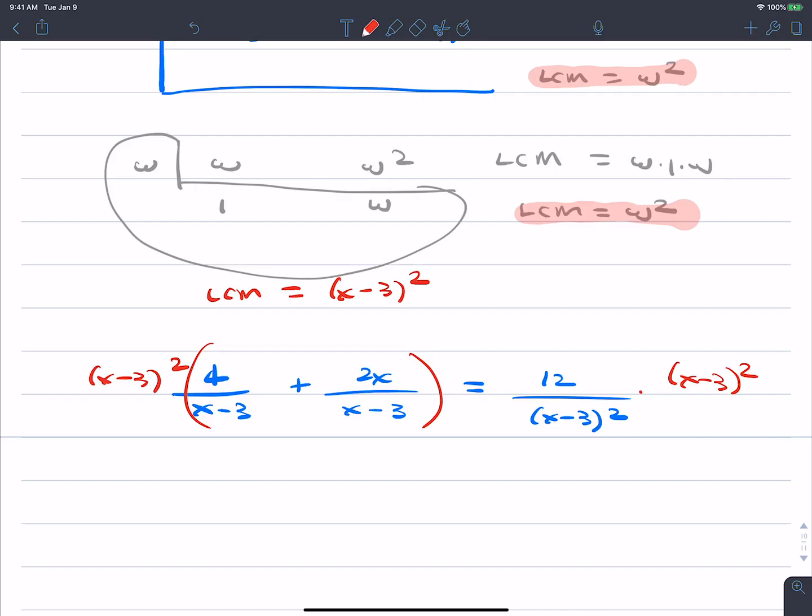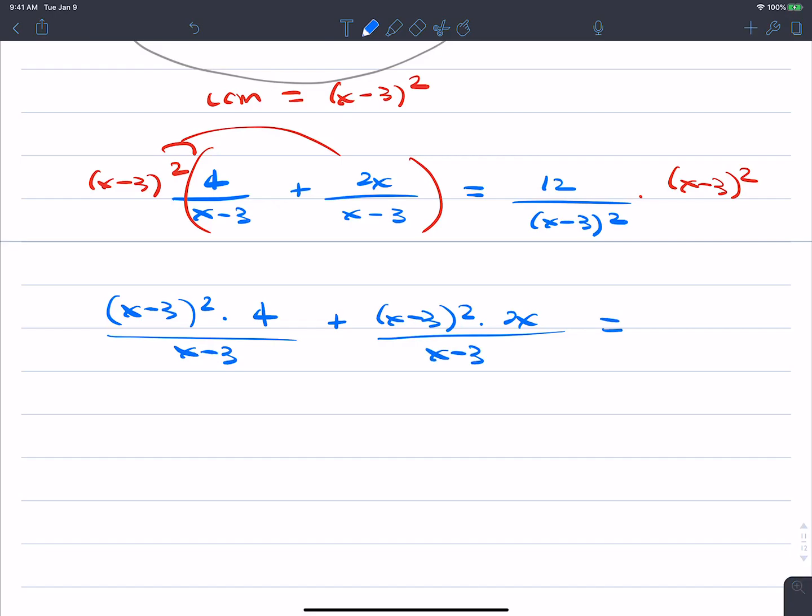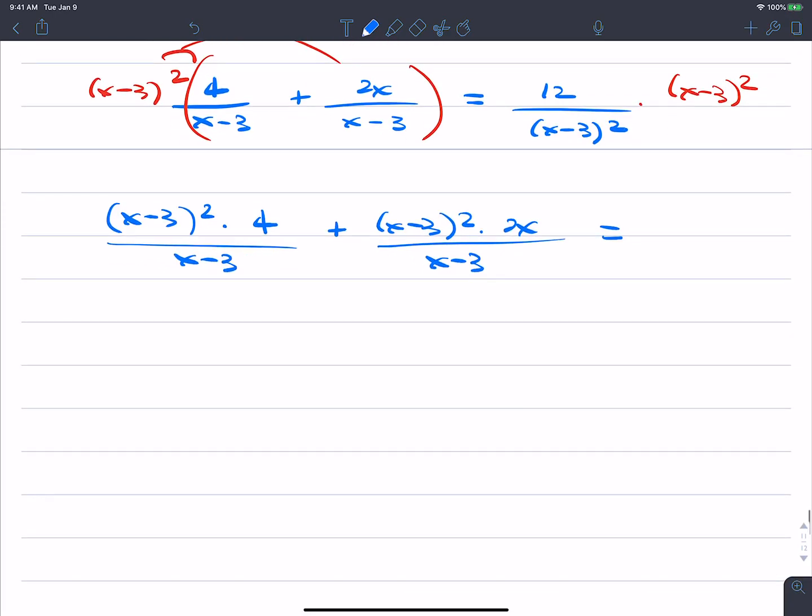And so notice I'm going to have to distribute here. We should end up with x minus 3 squared times 4 over x minus 3, plus x minus 3 squared times 2x over x minus 3, is 12 times x minus 3 squared over x minus 3 squared.